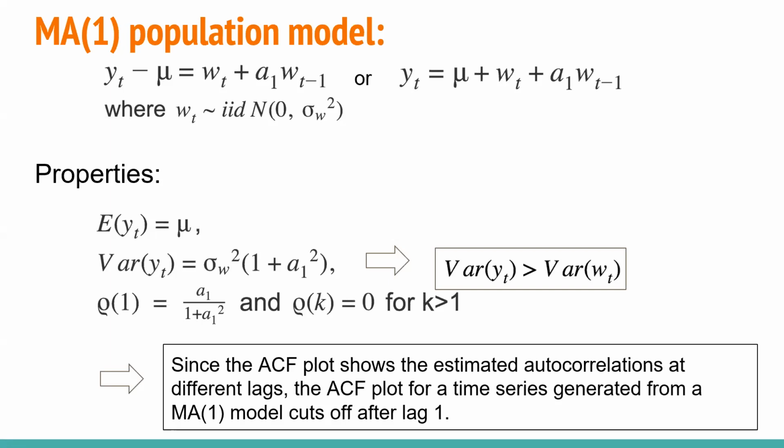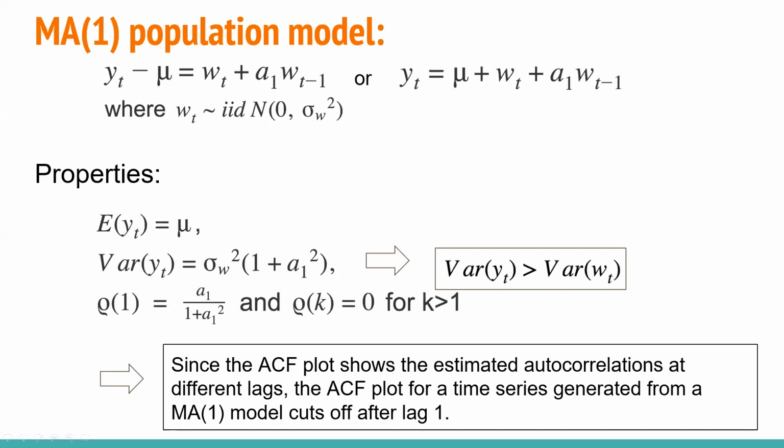And I also said the partial autocorrelation function, which is the PACF, should cut off after lag 1. But in the MA1, you're actually going to switch that.